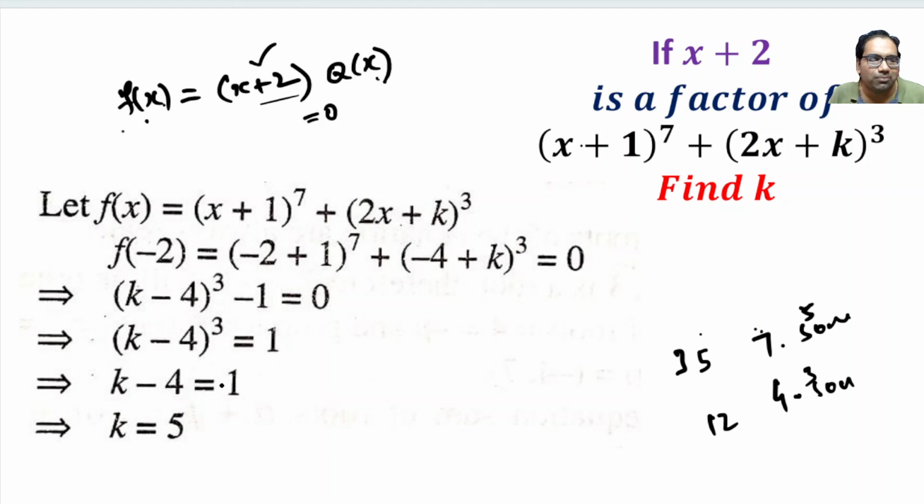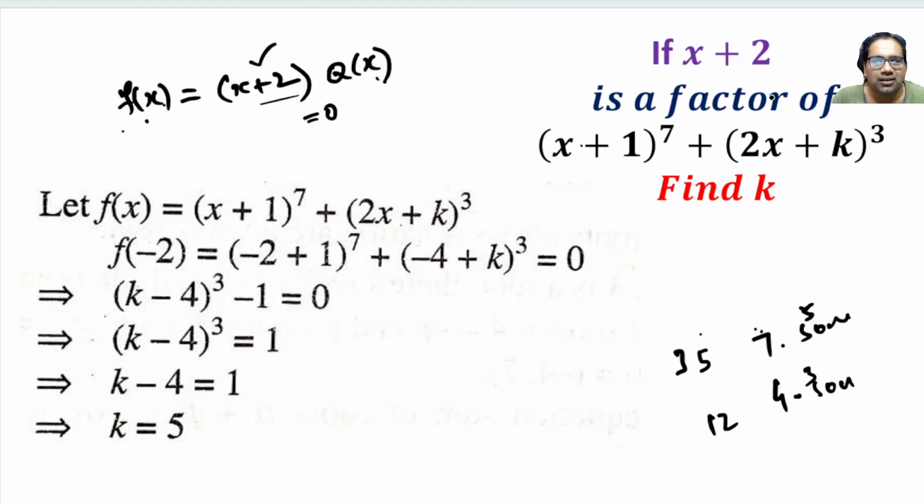It's a very, very simple problem, a very basic problem. The only thing we need to understand is the definition of a factor. The definition of a factor for normal numbers is very clear, but we can use the same definition for polynomials too.